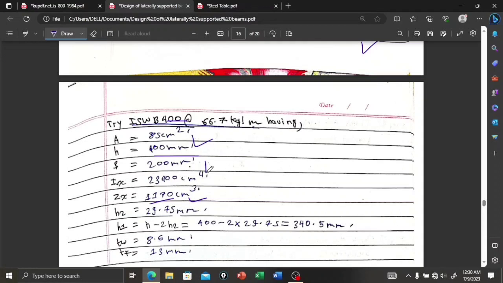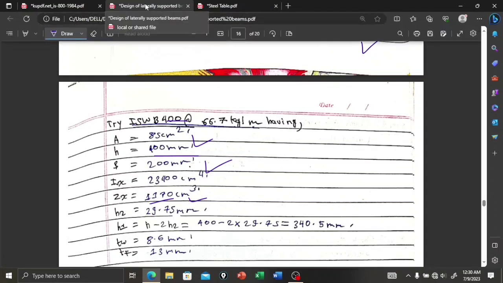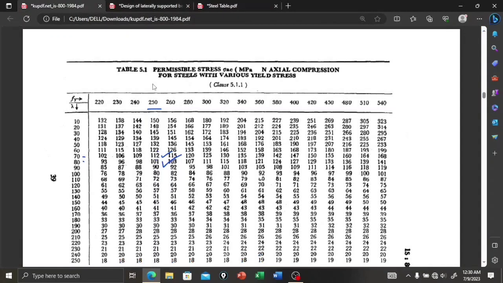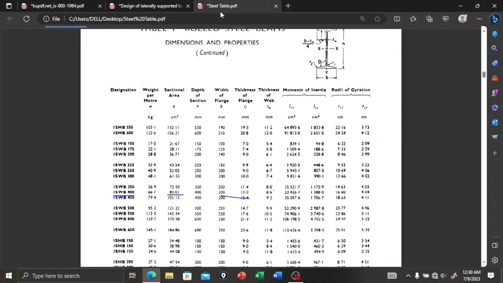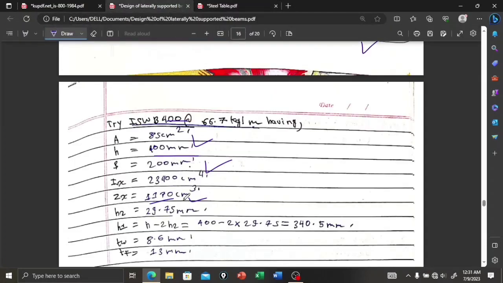IXX is 23400. TW and TF is 8.6 and 13. R2 is 29.75.